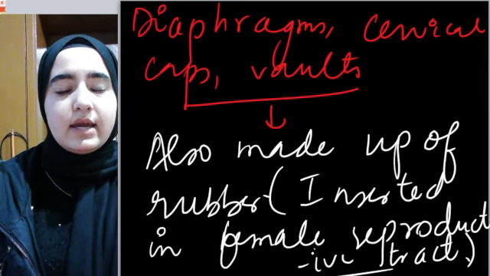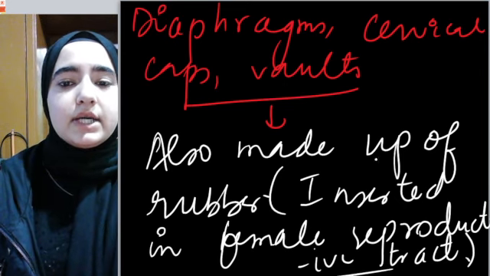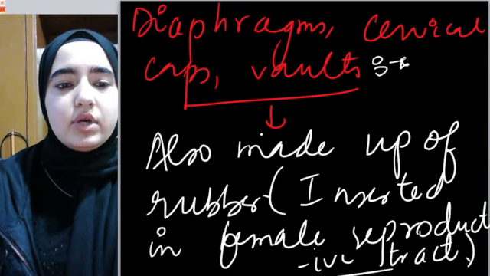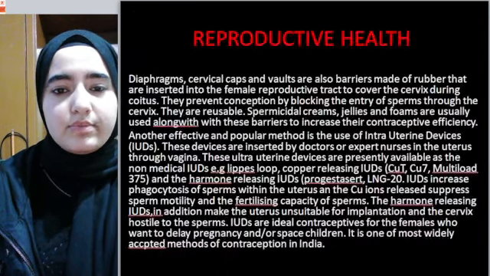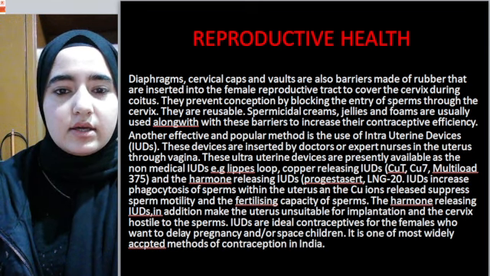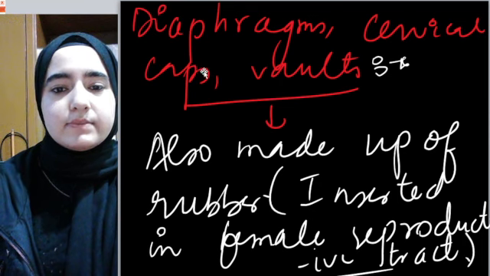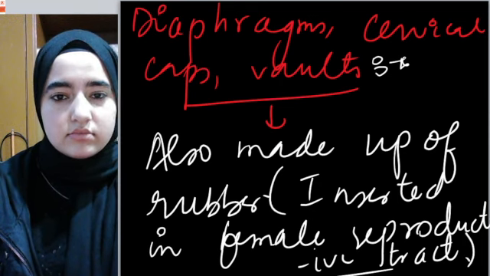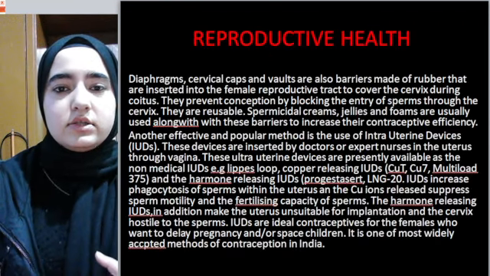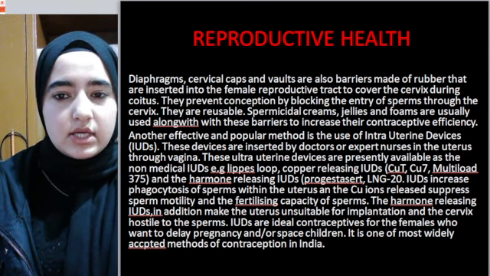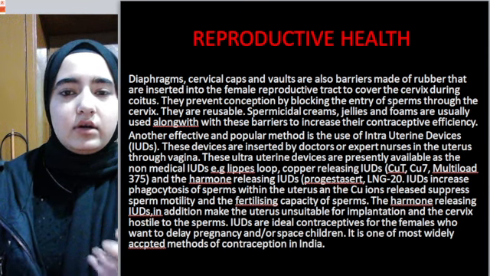This can come as an MCQ in competitive examinations like NEET, or as a question in board exams, so please keep this in mind. We can cover the cervix through a diaphragm, cervical caps, and vaults in order to avoid pregnancy.